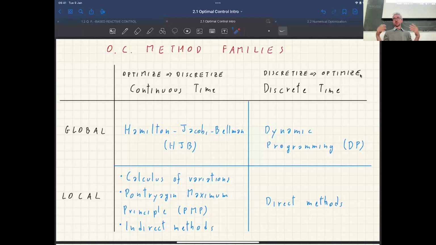So the idea is to show you these pros and cons, both in theory and then in practice when we implement these different transcription methods. That's what it's called: the process of going from the infinite dimensional problem to the finite dimensional one is called transcription. We're going to see different ways we can do that and how that affects the practical performance of the solver.